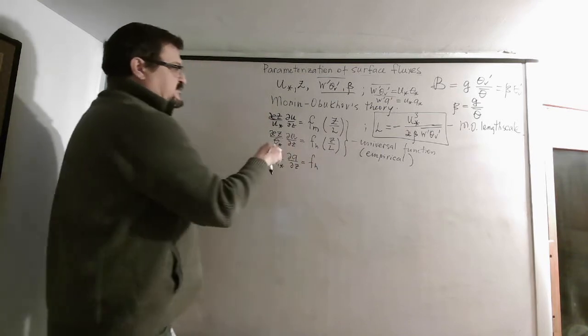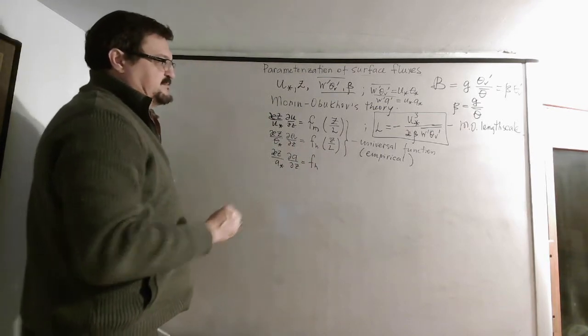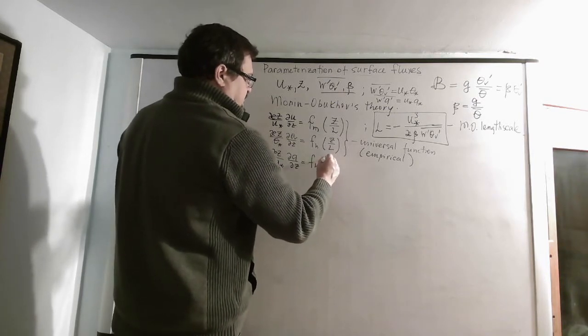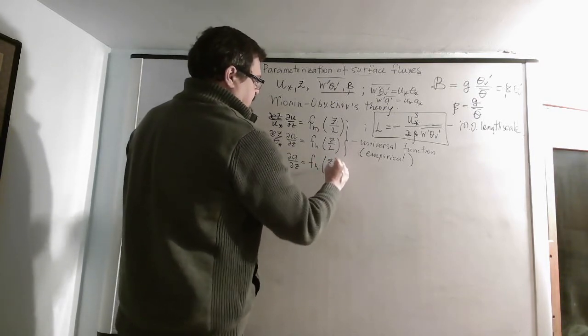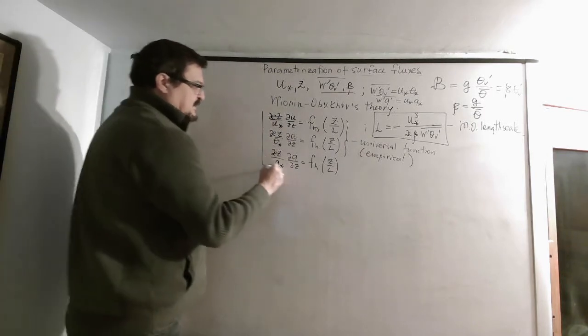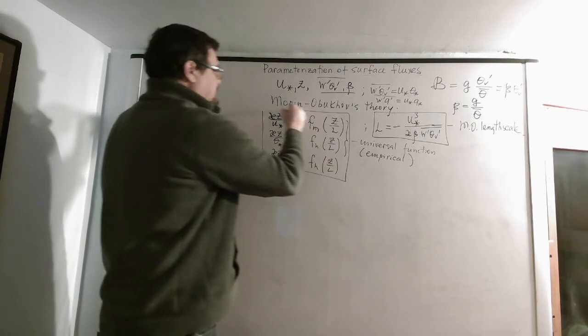Water vapor, we assume, behaves similarly to temperature, so we use the same similarity function, or universal function. So this is formally the set of formulas that we start from.